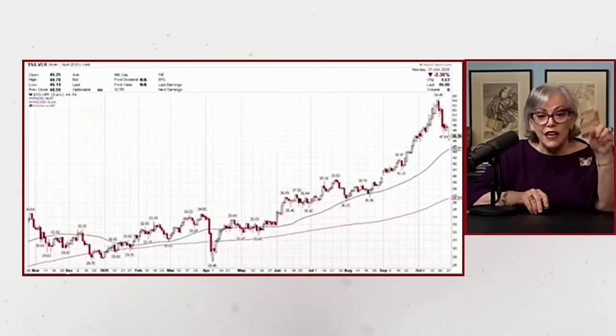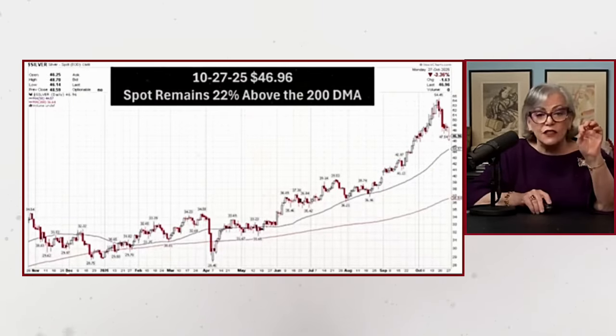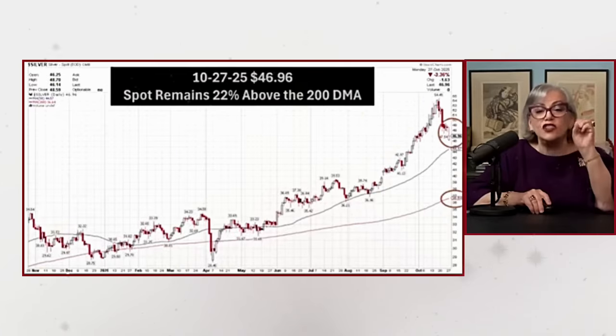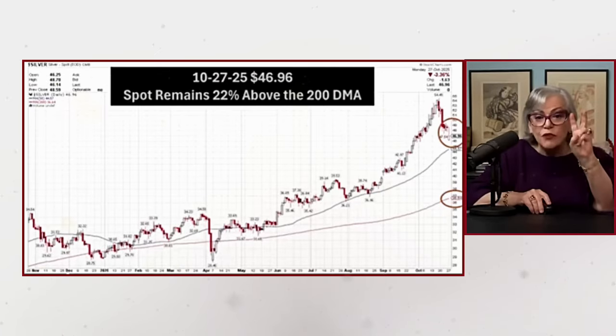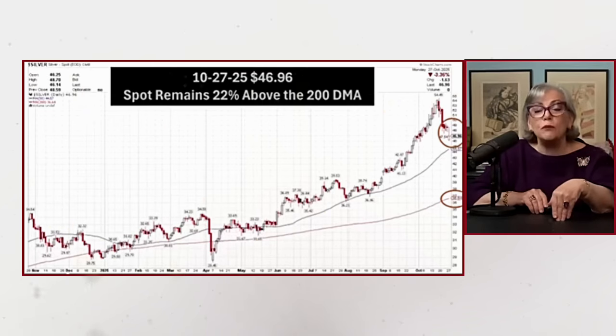And you can see in this case that red line, let's see, this is spot silver. Okay. You can see that red line is the 200-day moving average. That blue line is the 50-day moving average. When the spot price is above that 200-day moving average and the 50-day moving average, that is very, very bullish.